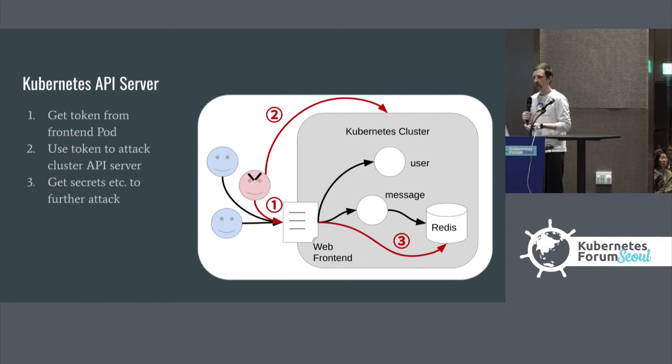This would allow the attacker to read a token file that they could then use to send a request to the API server with that token, and then perhaps create pods, maybe read some secrets, that sort of thing. And so we want to be able to prevent those types of attacks and mitigate them.